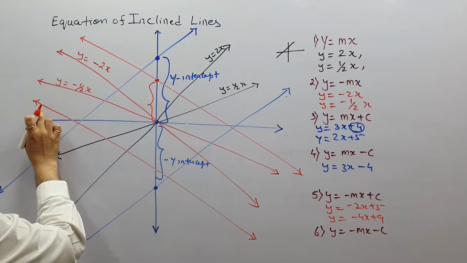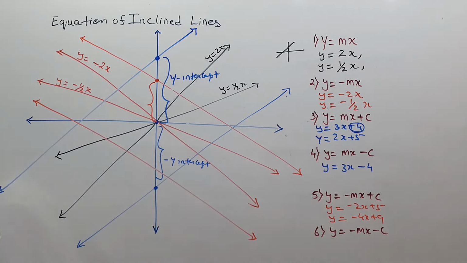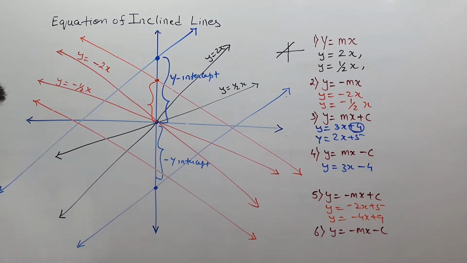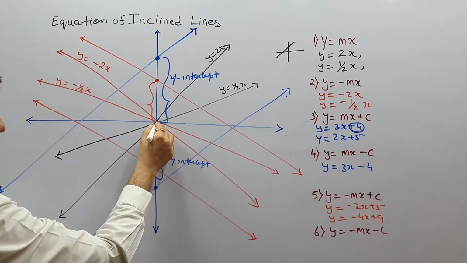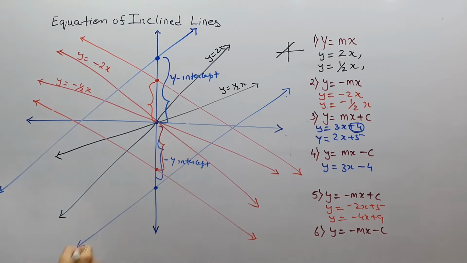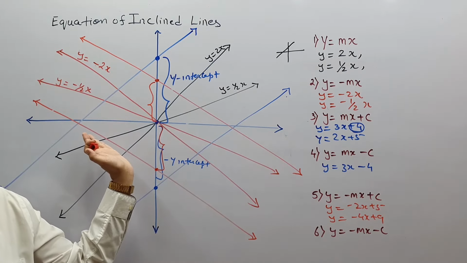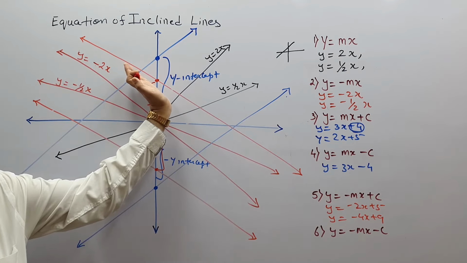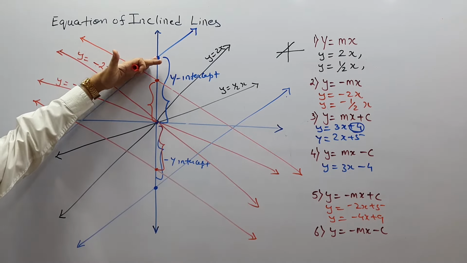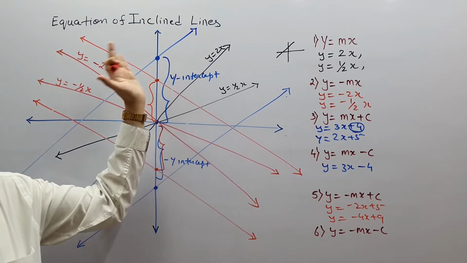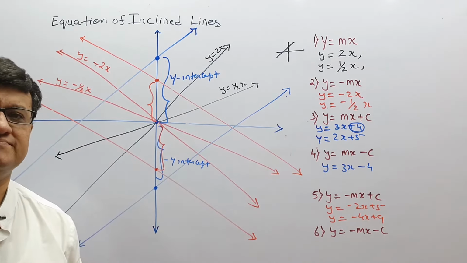But the quadrant is going to be from 2 to 4. And this one is a negative y-intercept again. This inclination says it's minus mx, minus c, minus mx plus c, plus mx plus c, plus mx minus c, simply mx, simply minus mx.